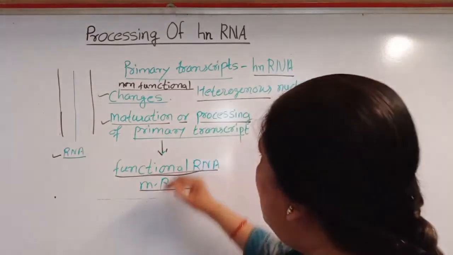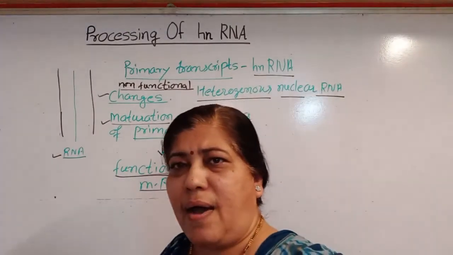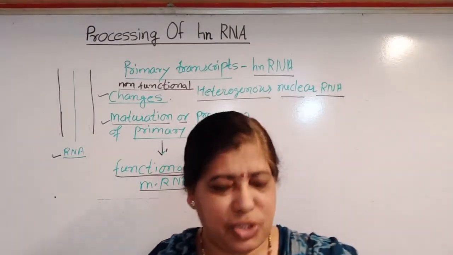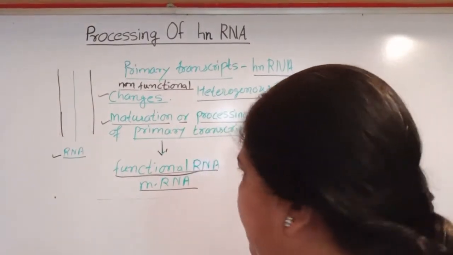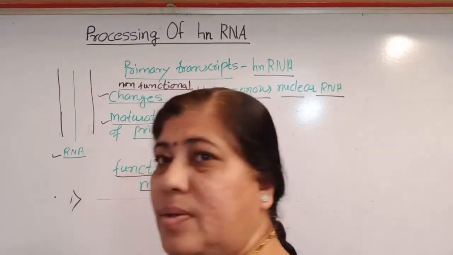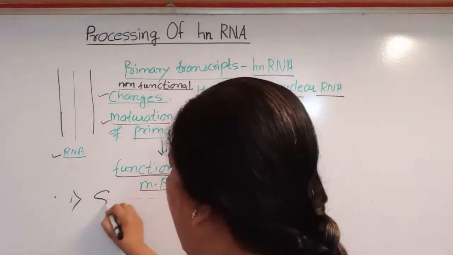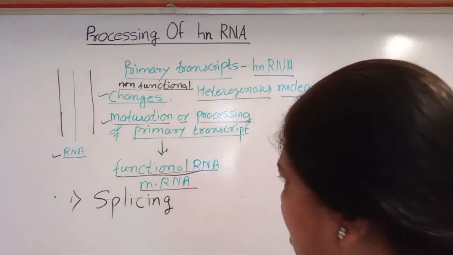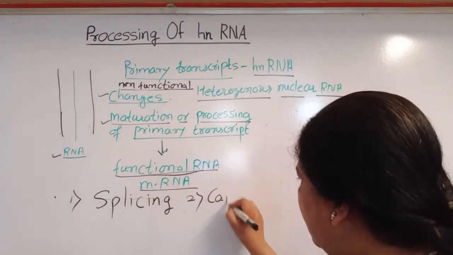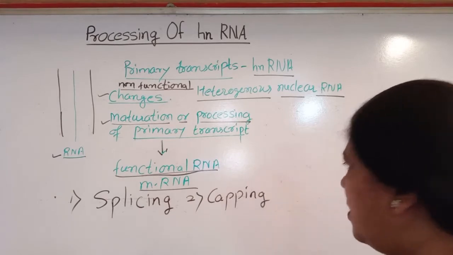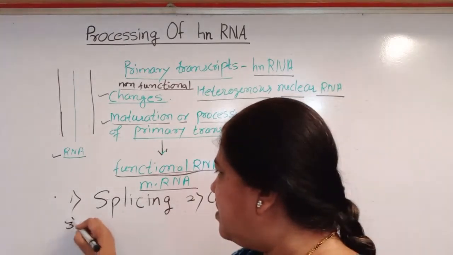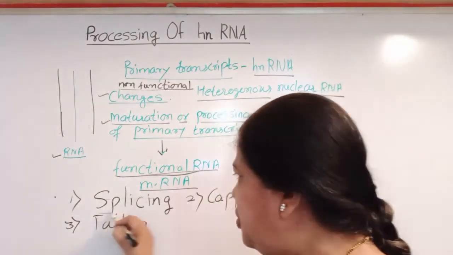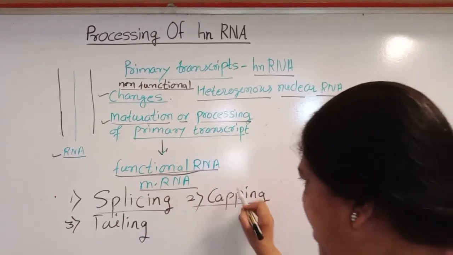So this processing or maturation of hnRNA consists of 3 steps. So we will discuss these 3 steps. First step is splicing. Second step is capping, and third step is tailing.